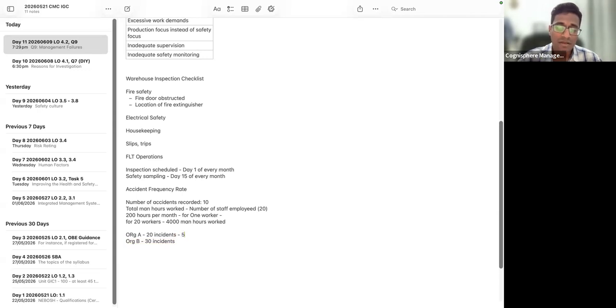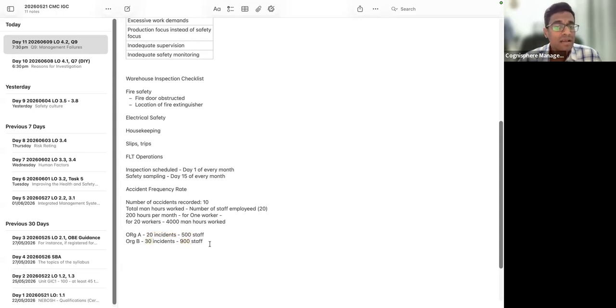Here 500 staff employed compared to here 900 staff employed. So the number of staff employed is more when compared to organization A. So for 500 staff, 20 incidents recorded, compared to organization B, 900 staff, 30 incidents recorded.